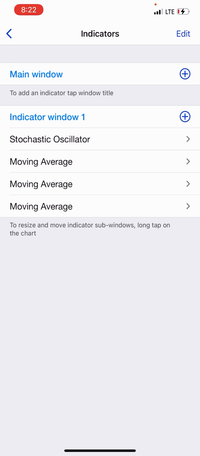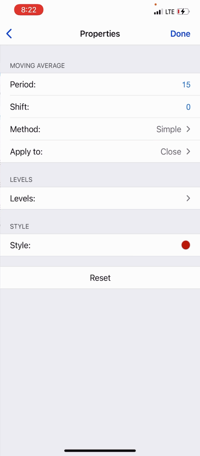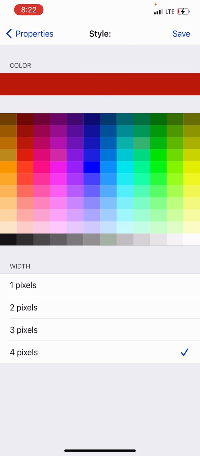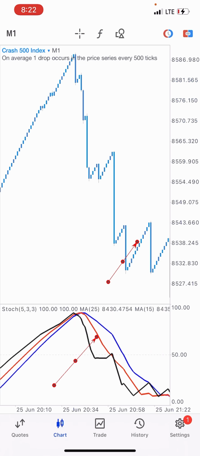The next indicator to put on this window is a moving average again, period 15, shift 0, method simple, apply to close. I chose red, a dark red. And you click save, done.